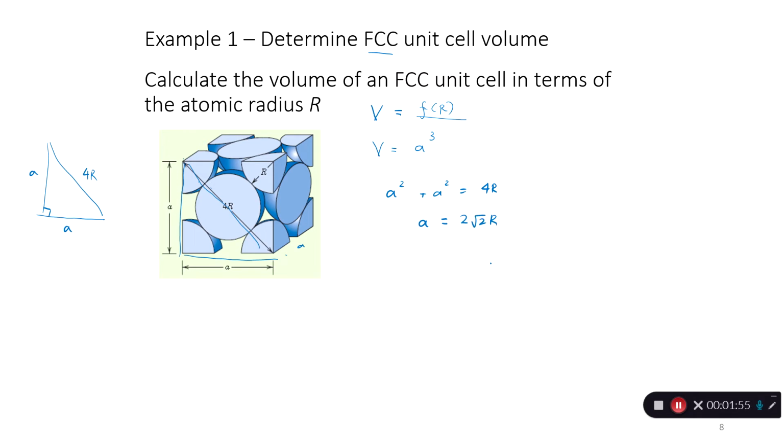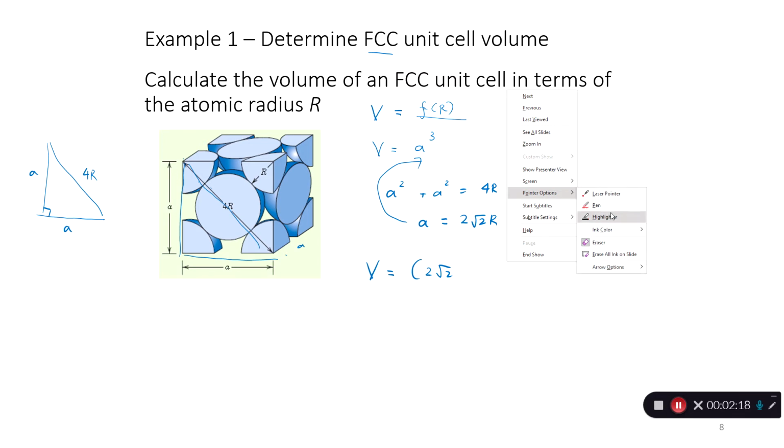Of course you can pause and try to work this out yourself. That will be great. So if a is this, you can just put that into this equation. Therefore, volume equals 2 square root 2 r to the power of 3.